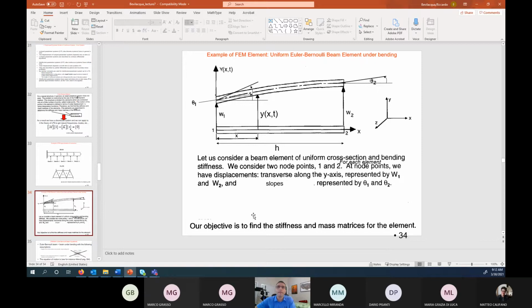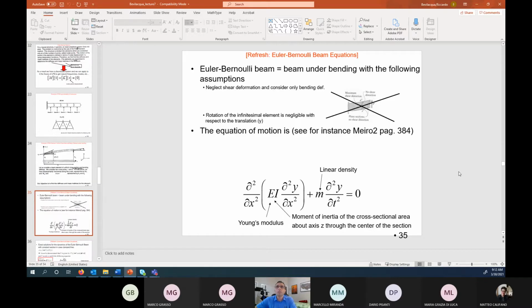I want to find the stiffness and mass matrices for these elements, and then eventually I have multiple elements and I need to connect them together. The assumption here is that the shear deformation is neglected. That's why I call theta the slope, not really a rotation. Basically all I have to care about is the y, or w, deformation and that slope. That's why I started with that assumption.